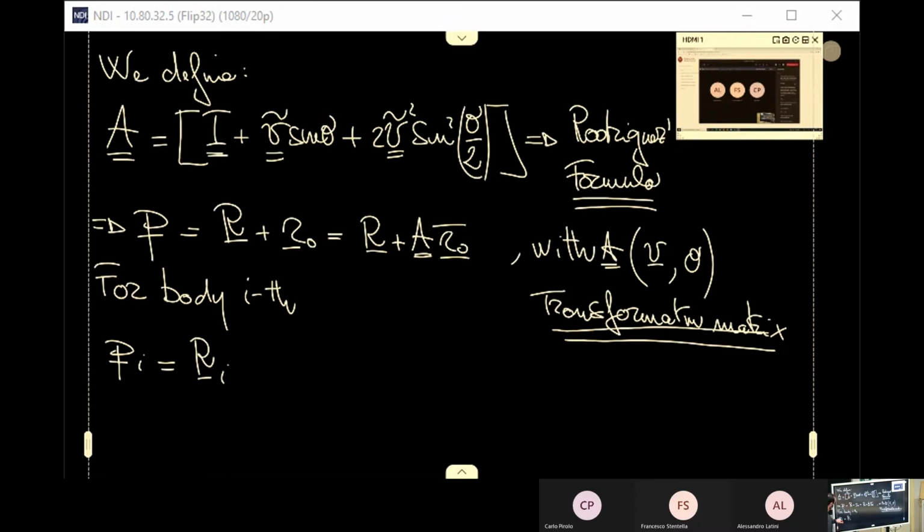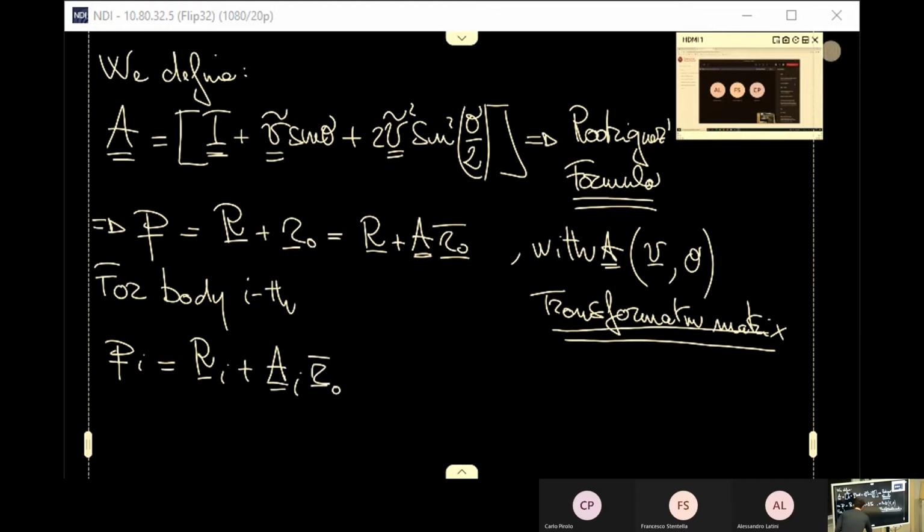So the position of a general point within the body I is the position of the origin of the frame I with respect to the inertial frame plus the matrix A_I times R0 over bar I, because of course every body will have its own rotation and orientation with respect to the inertial frame, right?